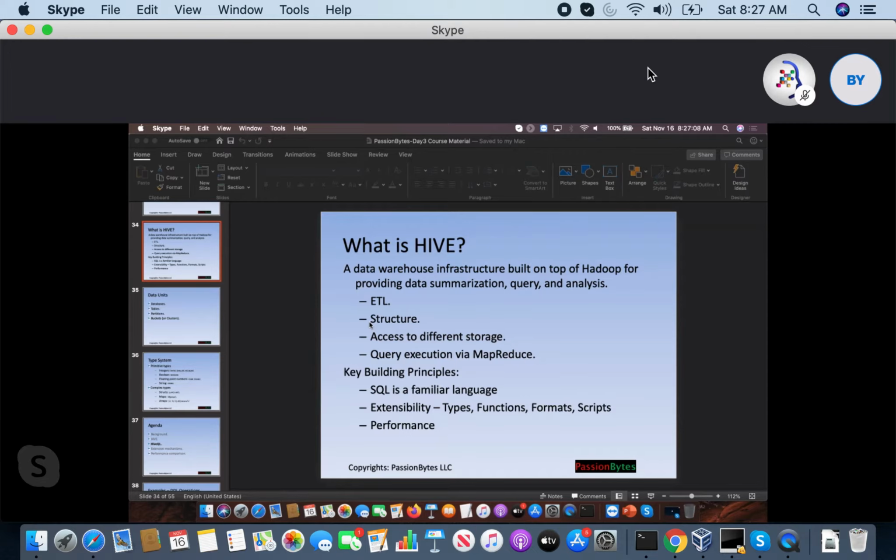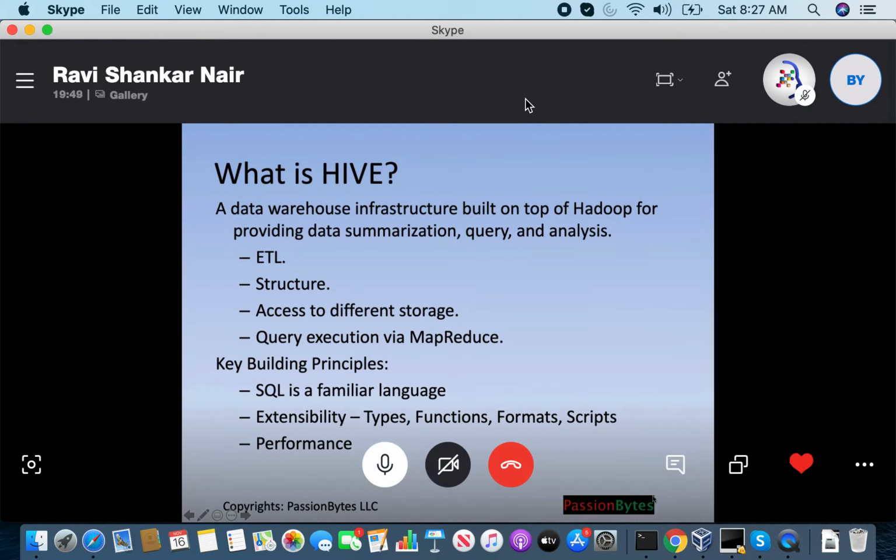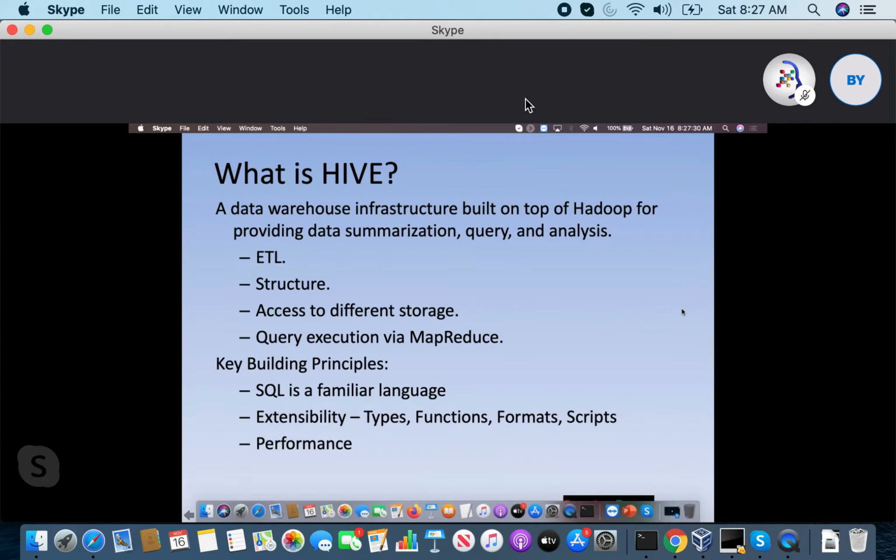Instead, it is meant for OLAP, online analytical processing. So that's what you will see in these slides. Just quickly go through. You can see a data warehouse infrastructure built on the top of Hadoop for providing data summarization, query analysis, etc. It supports ETL.